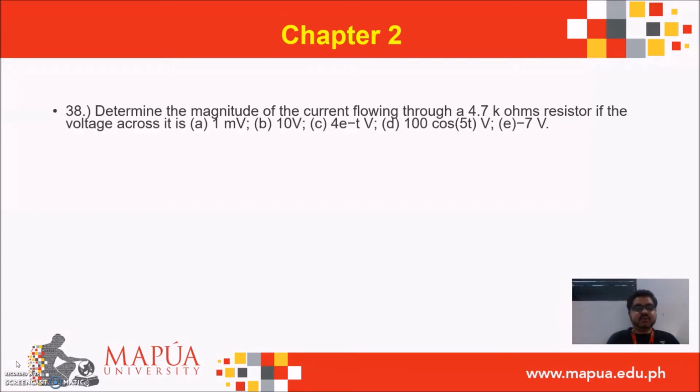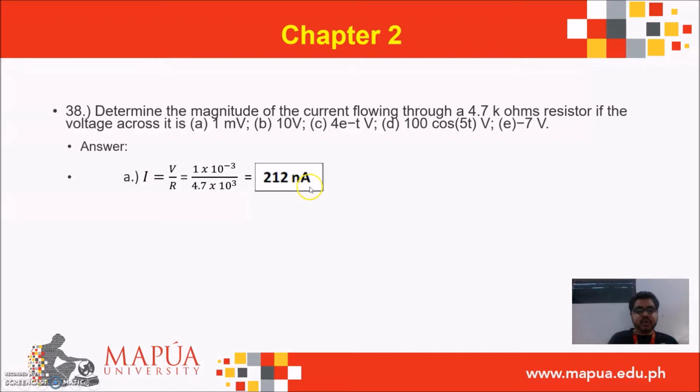For the following answers, we got for letter A, using the formula for current, which is equal to voltage over resistance, 1 times 10 raised to negative 3 volts over 4.7 times 10 raised to 3 ohms, which equals 2.12 nanoamperes.